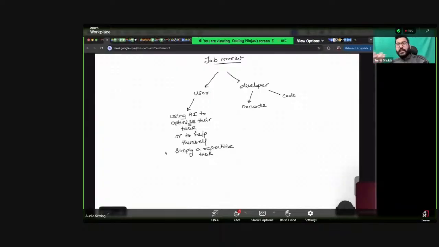If you are using Nano Banana to create some images, then you are a user of AI. If you are using, let's say, Veo 3 to create some videos, then you are a user of AI.